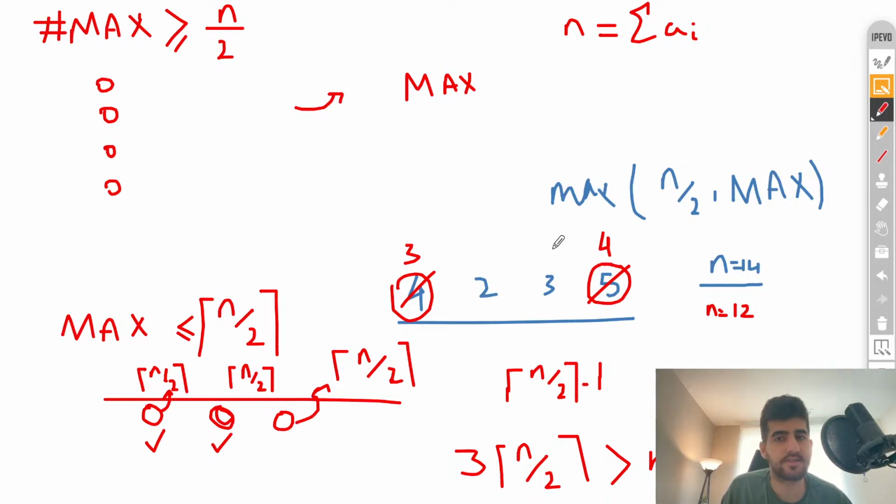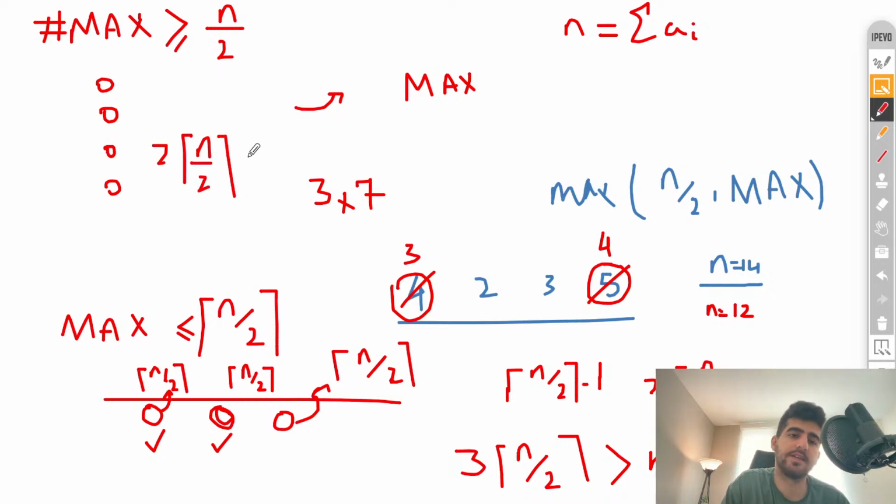Because if it was greater than 6 and it was not greater than 7, it means that initially it was 7, and these two maximums should be at least that much as well. So these two should be at least 7 as well. So we need at least 3 n halves, at least 3 sevens, which is obviously greater than n because n is positive. 2 times ceil of n half is greater than or equal to n itself.